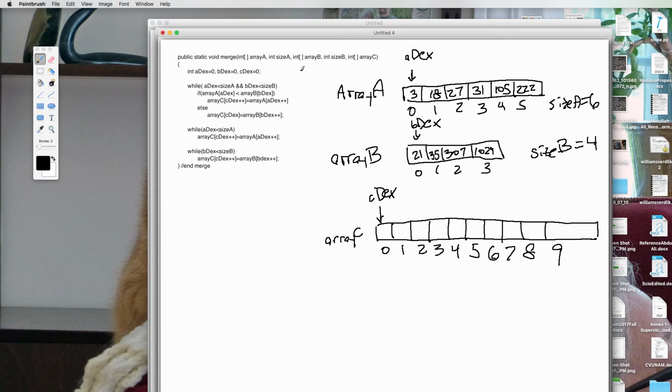And let's follow this logic through. So we have, while A-dex is less than size A, here it's 0 while it's less than 6, and B-dex is less than size B, we do the following.